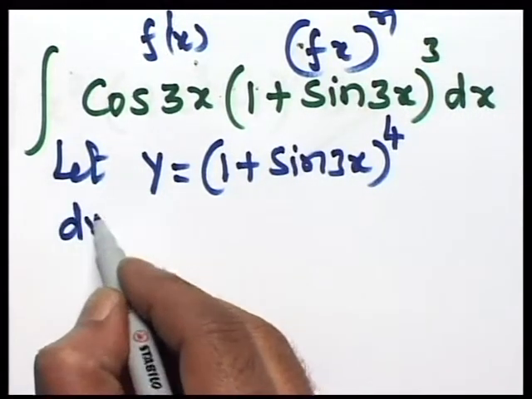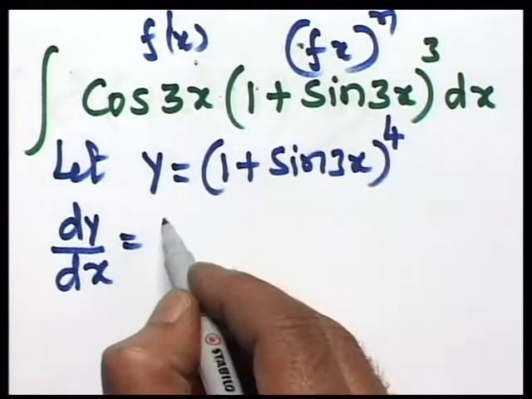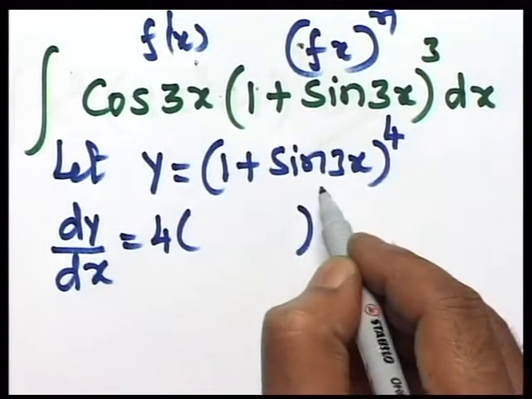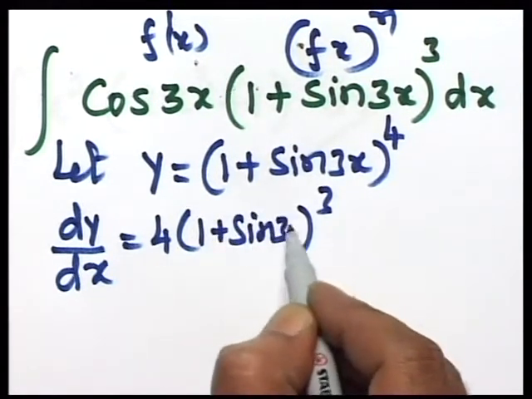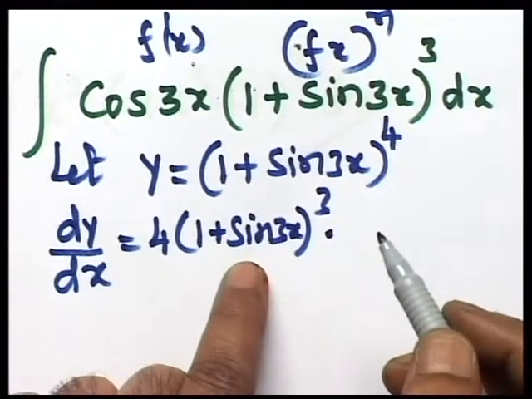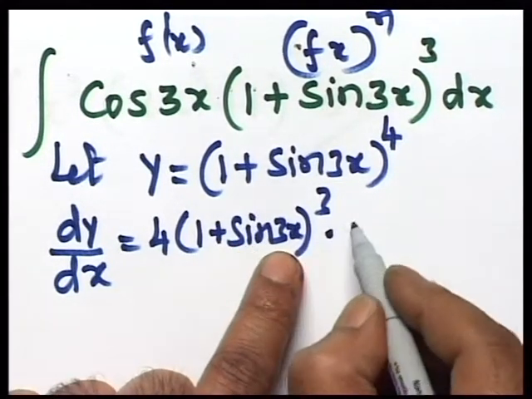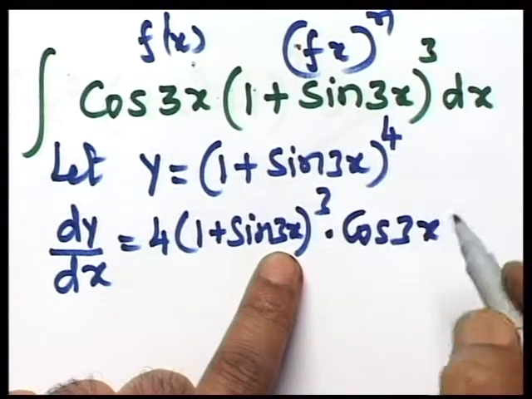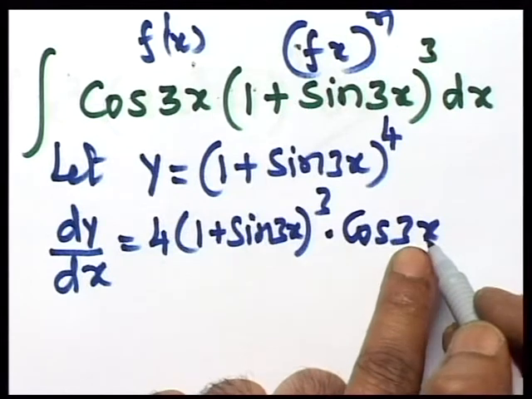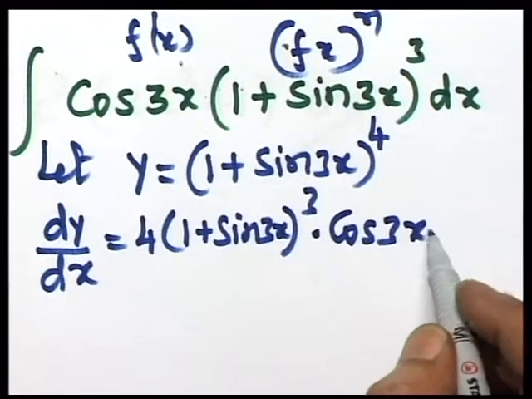So dy over dx is 4 times bracket to the power 3, 1 plus sine 3x inside, and then times, we use chain rule and we differentiate the bracket. Sine theta is cos theta, okay? But please listen, you have to differentiate the 3x as well, using the chain rule, we have a 3.